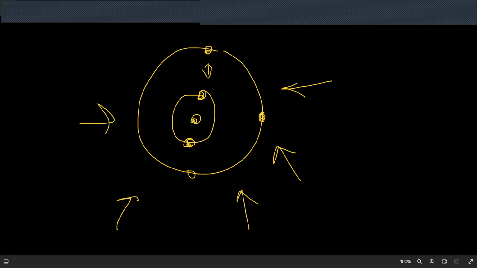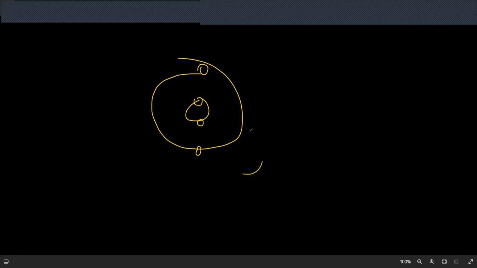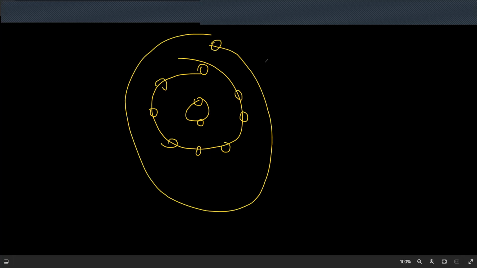So this is called the shielding effect. The greater the number of electrons, the greater the shielding effect. So here, with 2 and 2, the shielding effect will be less. But if there are more electrons here, and also another layer, there will be more shielding effect.